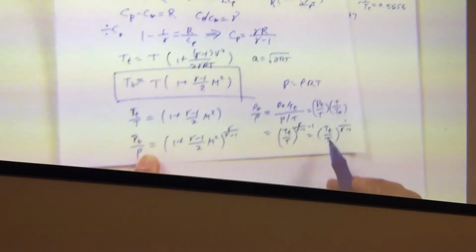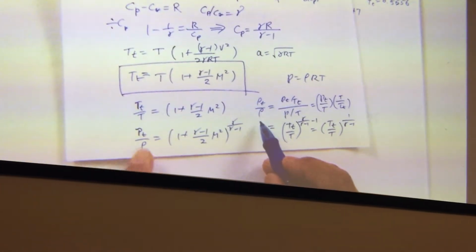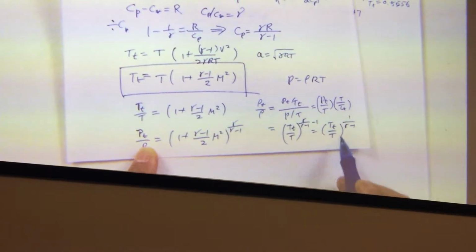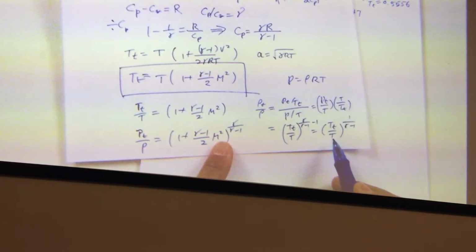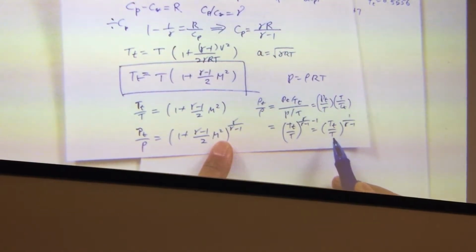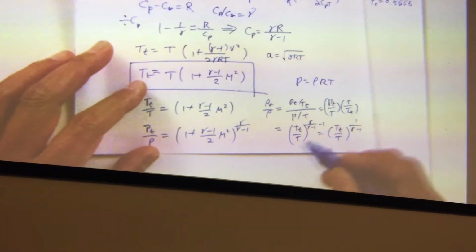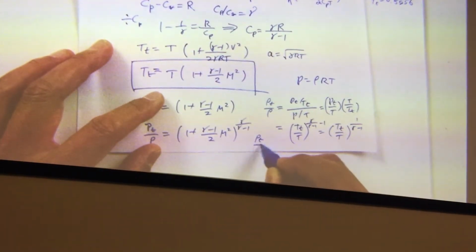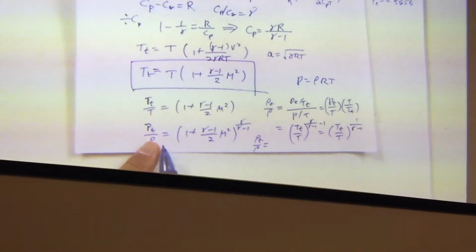And then if you want to relate rho t to rho with Pt, you just substitute this in there. So, the rho t over rho, if you want to do this, right, what you would do?